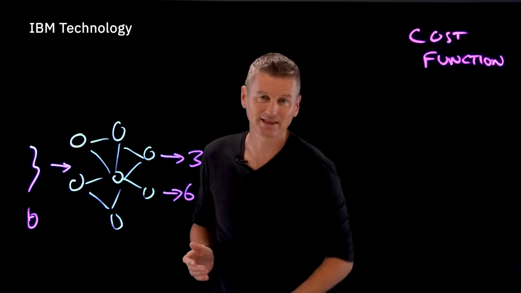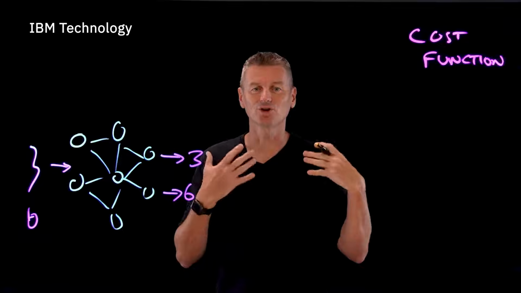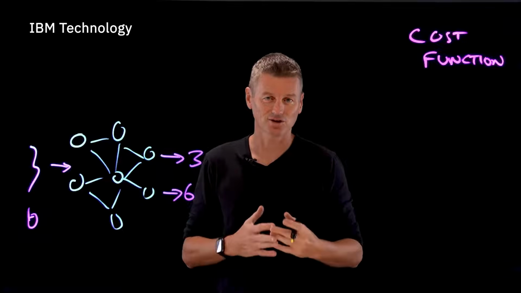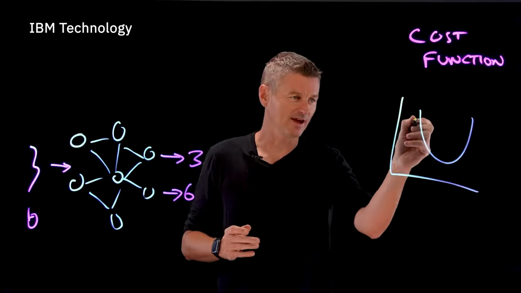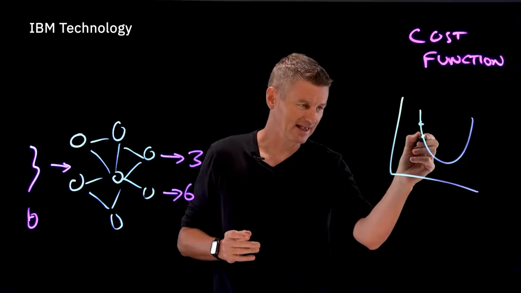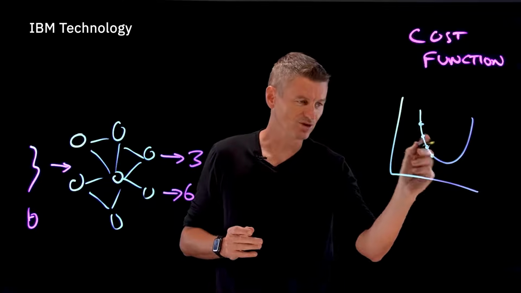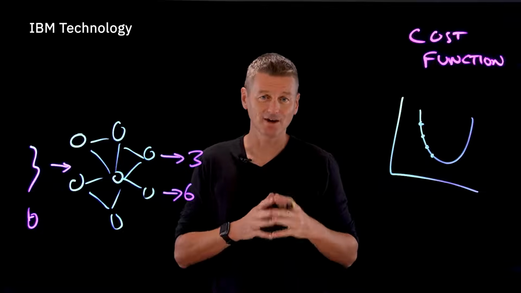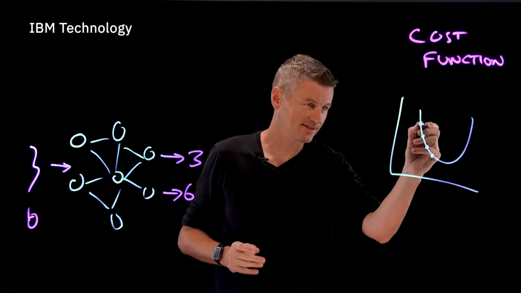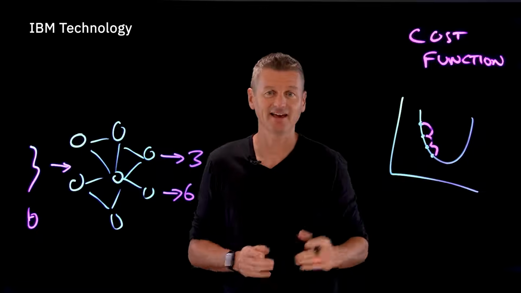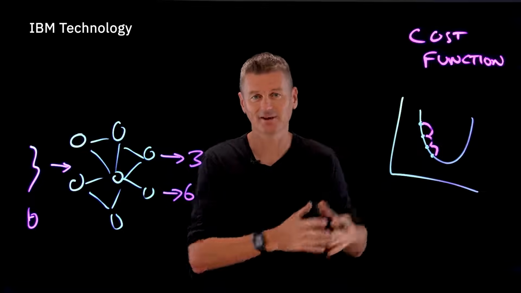Now, to do this, we take small steps in the direction that reduces the cost function the most. If we think about this on a graph, we start here and we keep going downhill, reducing our cost function as we go. The size of the steps that we take, so the size of the steps from here to here and to here, that's called the learning rate.